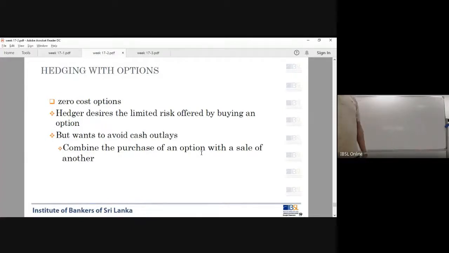Then zero cost options. That is where you buy a call option and you sell a put option. Buy a call, sell a put.